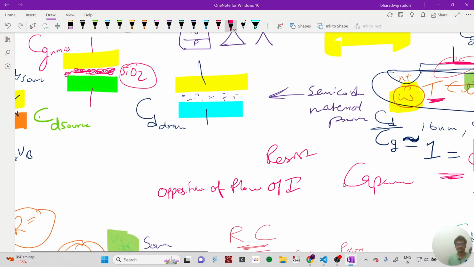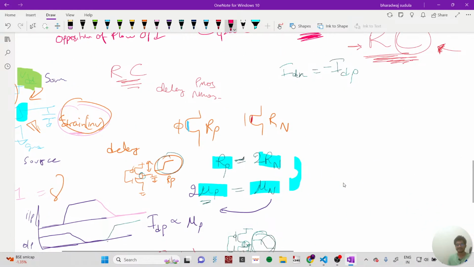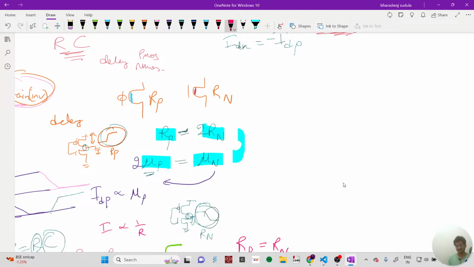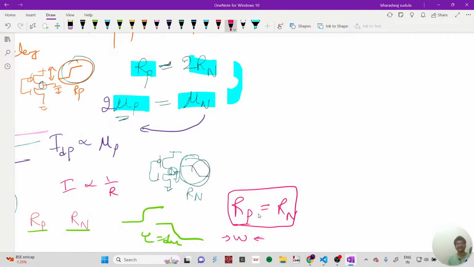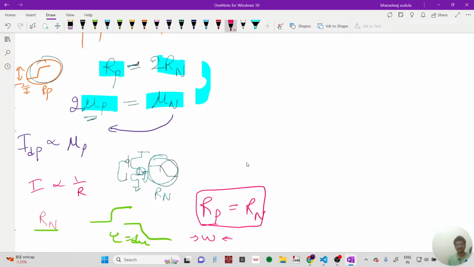I have discussed this already. Resistance depends on several aspects. In that, width can be altered in such a way that these become equal. We have a relation that Rp is 2 times Rn.